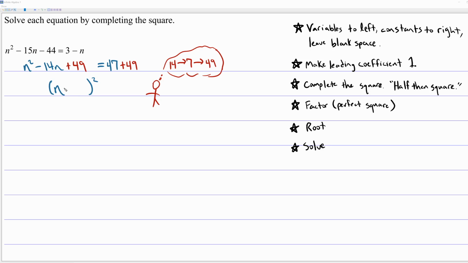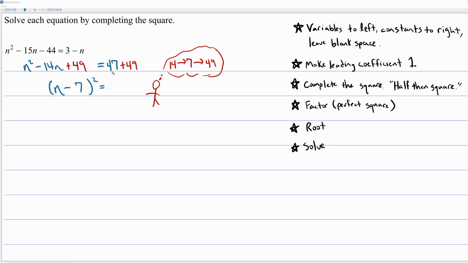We have negative n's, so I know this is going to be negative, and then 7 times 7 is 49. So if you were to use the distributive property and multiply this out, you would have n squared minus 7n minus 7n to combine to get you negative 14n, and then plus 49. So this factoring pattern, half and then square, will let that quadratic factor into a perfect square, and that's the key to this technique.